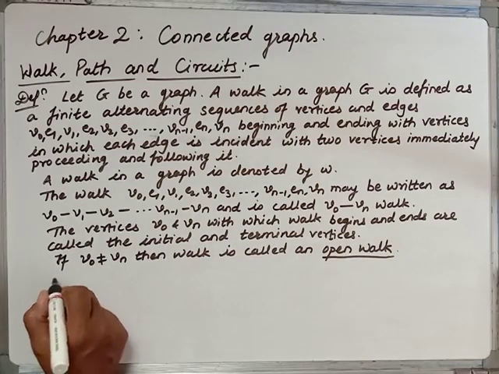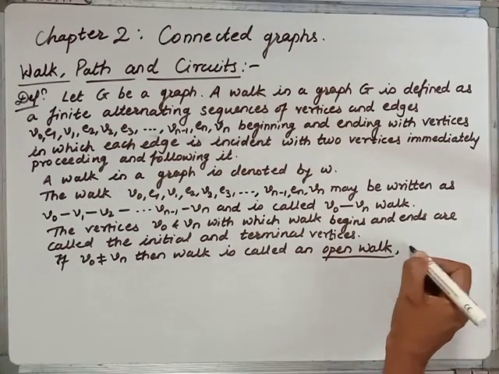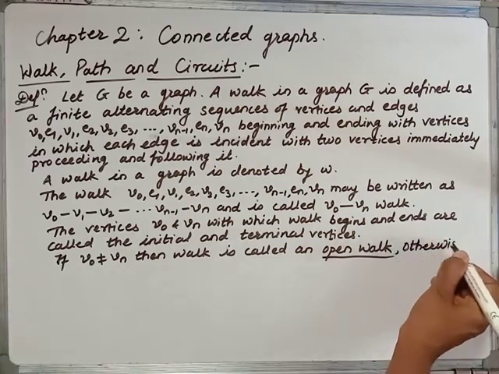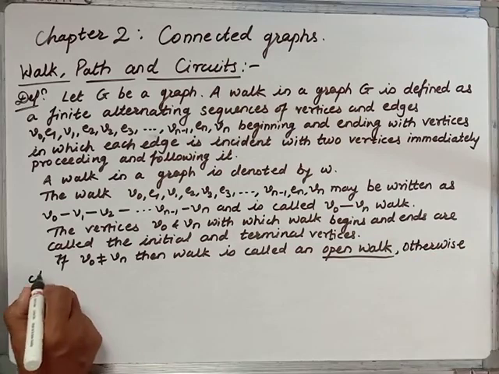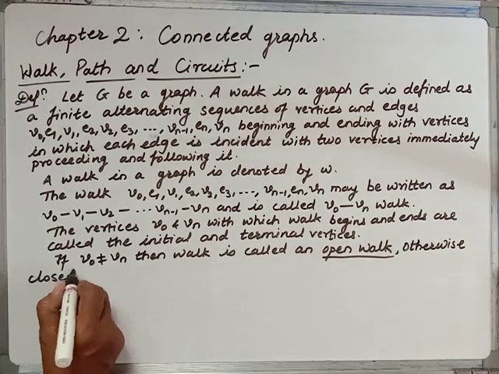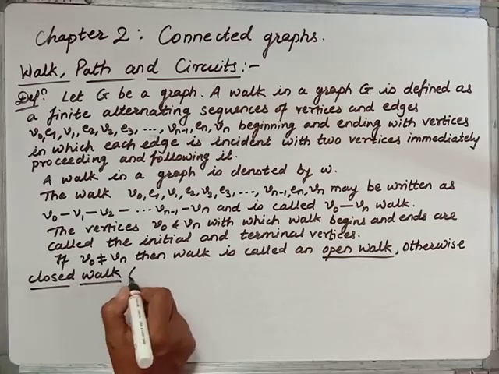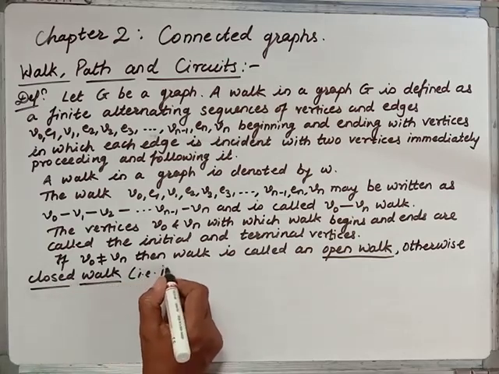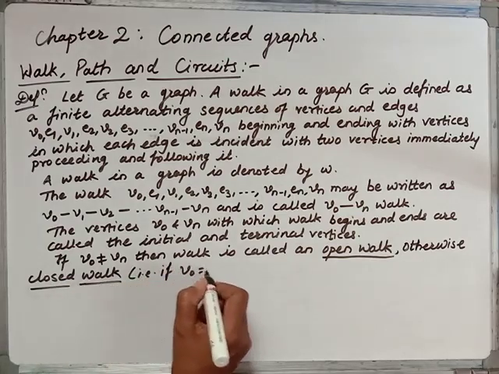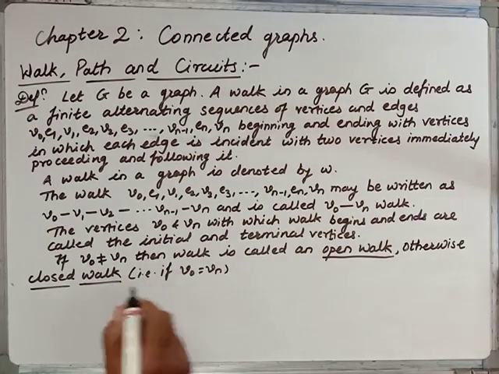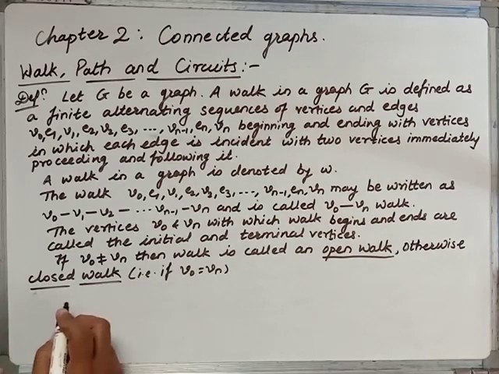Otherwise, if V0 equals Vn, it is known as a closed walk.